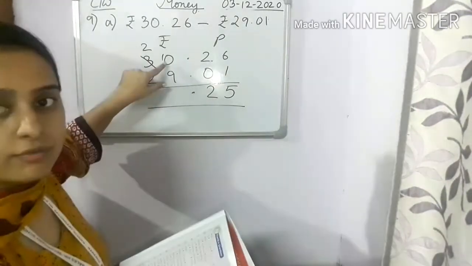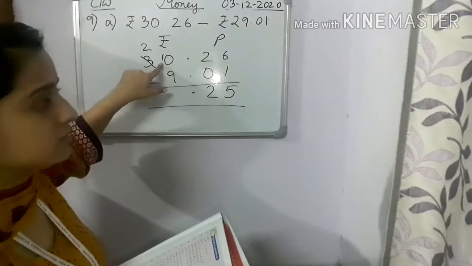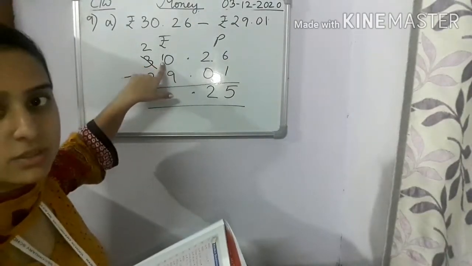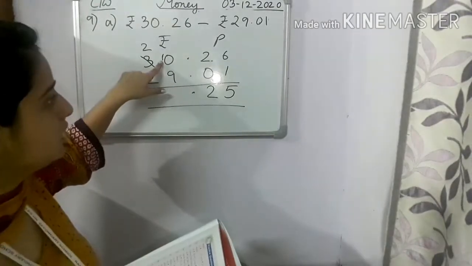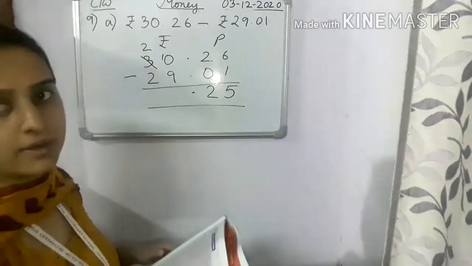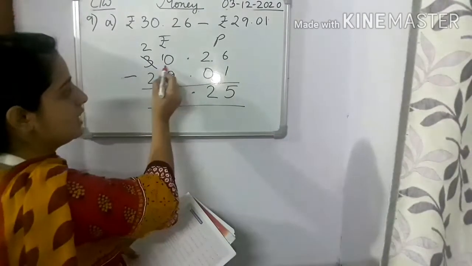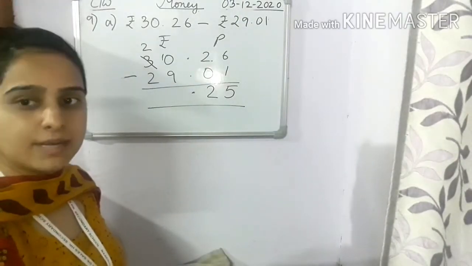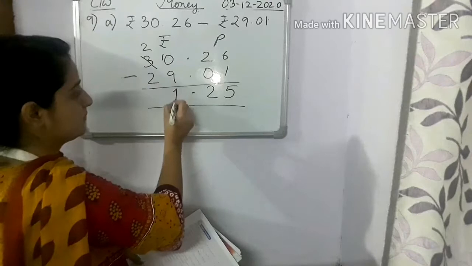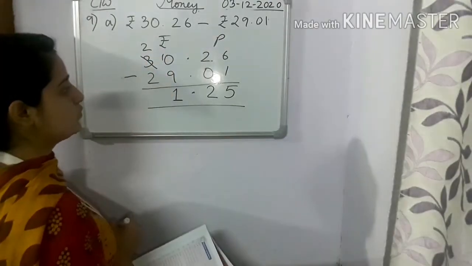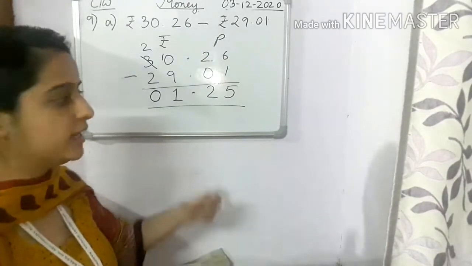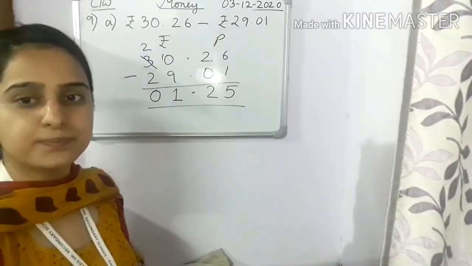If the number from which we are going to subtract is smaller, then we borrow from the neighbor. So 10 minus 9 is 1. And 2 minus 2 is 0. So what do we get here? Rupees 1 and 25 paisa. Clear?